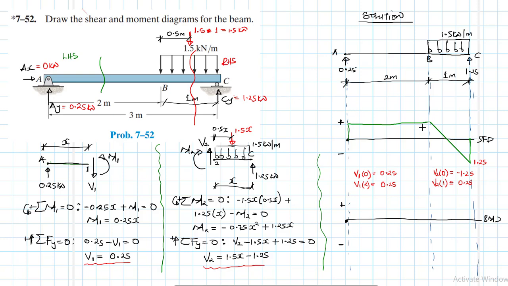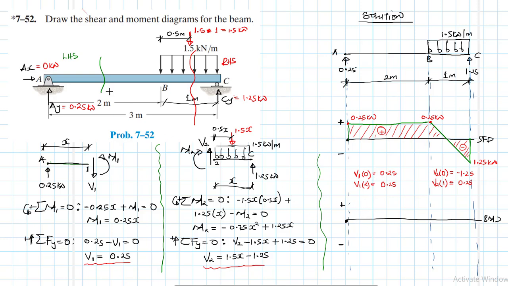So we have this point as 0.25 kilonewtons, and this point here, 0.25 kilonewtons. This one is a minus, and this is a plus shear. Right, so we've drawn this one and it's okay.